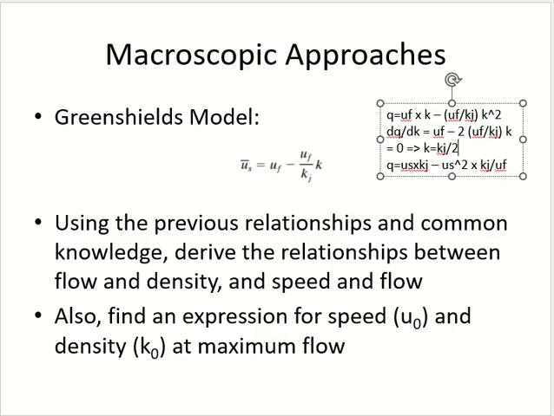So UF over 2. And will it happen always? Is the slope 0 always? No. The slope is 0 when? At capacity. So this is again at capacity, so I will not call it US, I will call it US naught, which is the speed when you reach capacity.